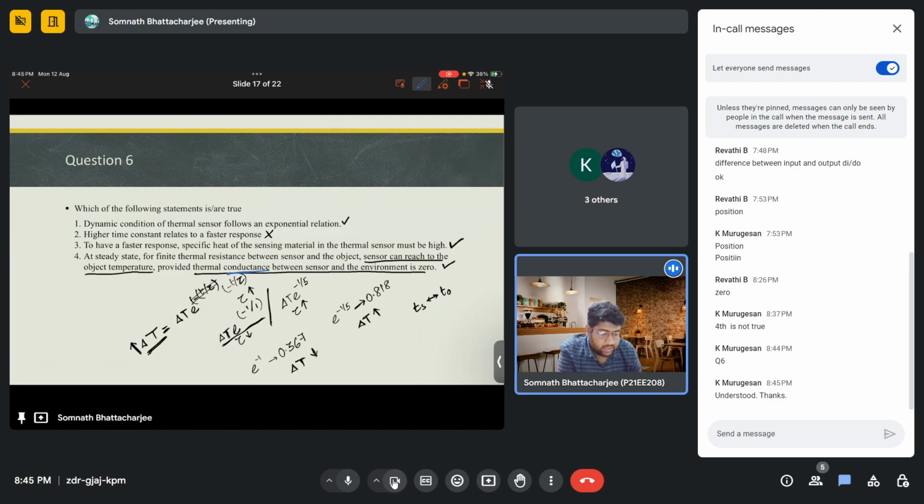So from Ts to Te, the environment, the resistance is infinite, so the conductance will anyway be zero.